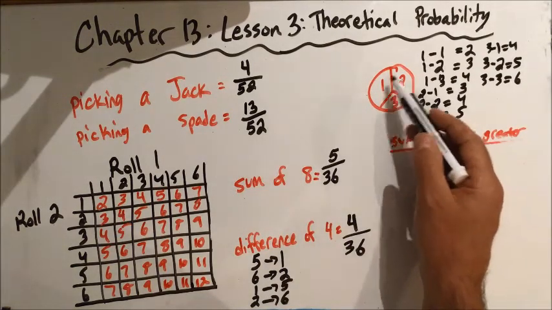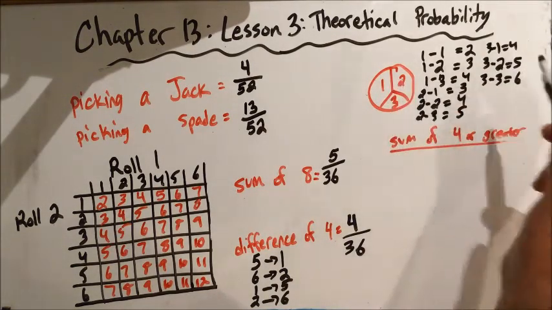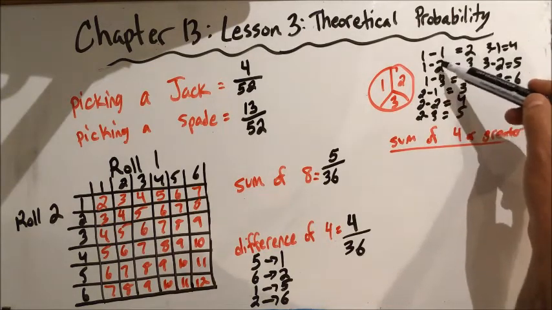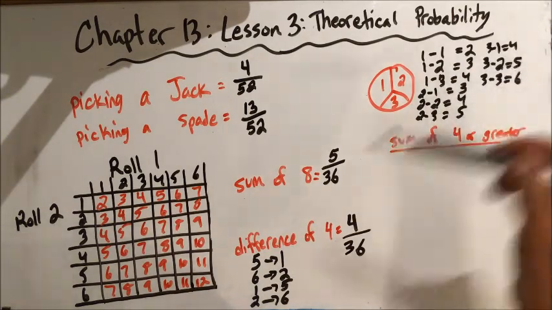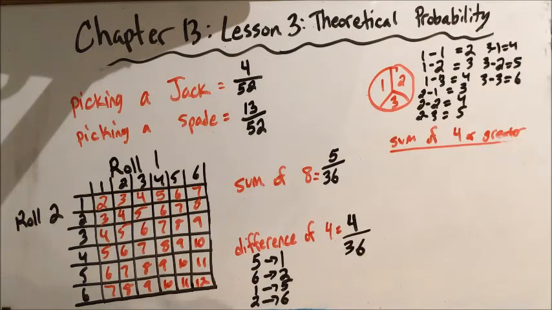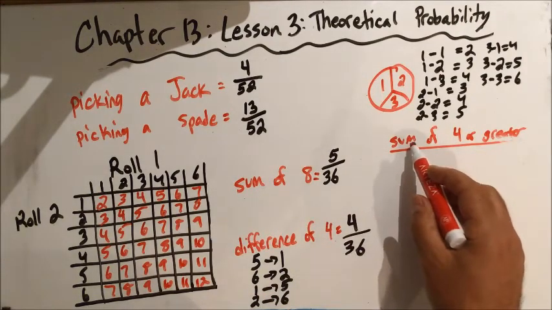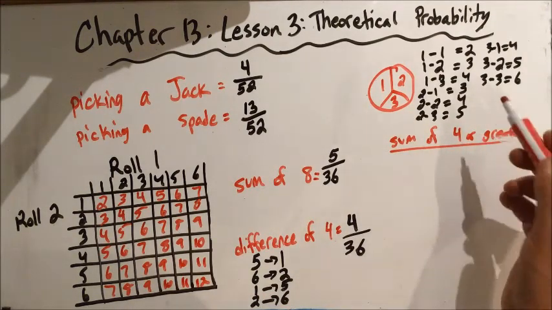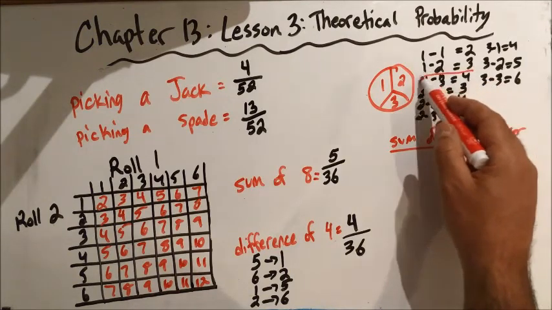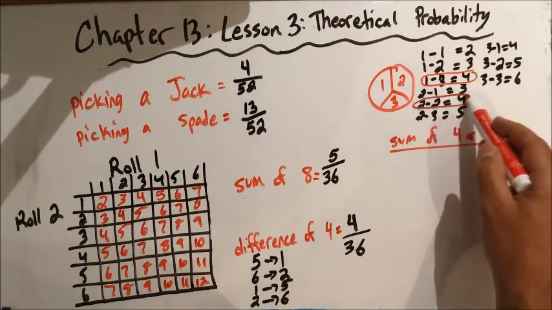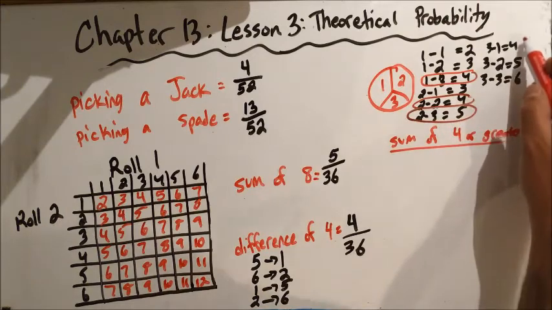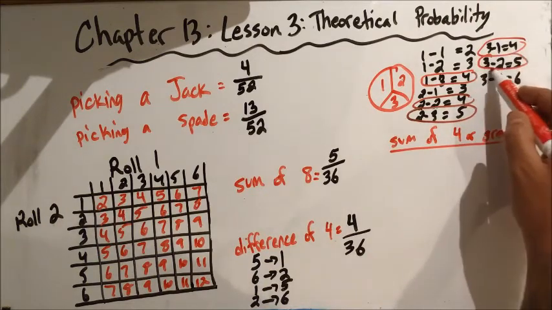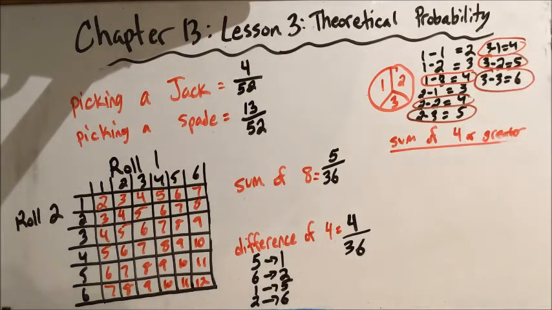So if I have 3 options on my spinner and I spin it twice, I actually have 9 different combinations that could come out. If I want to know which of them have a sum of 4 or greater, I just look. Here's a sum of 4, here's a sum of 4, here's 5, and here's 4, 5, and 6.